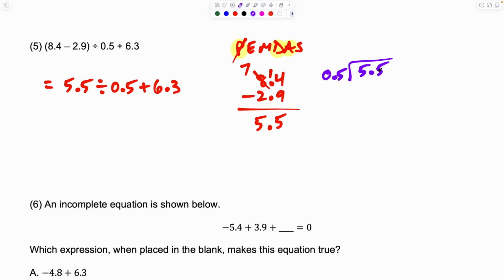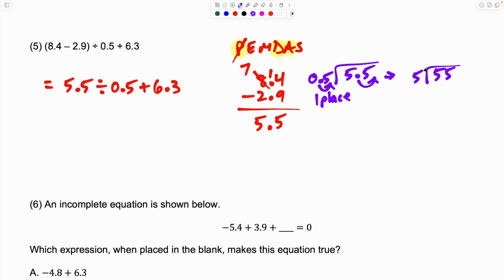For this one, we could just use our division concept here. So let's move this over. We could move the decimal place 1 to the right for the divisor, and that way we're dividing by a whole number. And that means we're going to move the decimal 1 place to the right for our dividend here. So we're going to have 55 divided by 5. And 5 goes into 55 11 times.